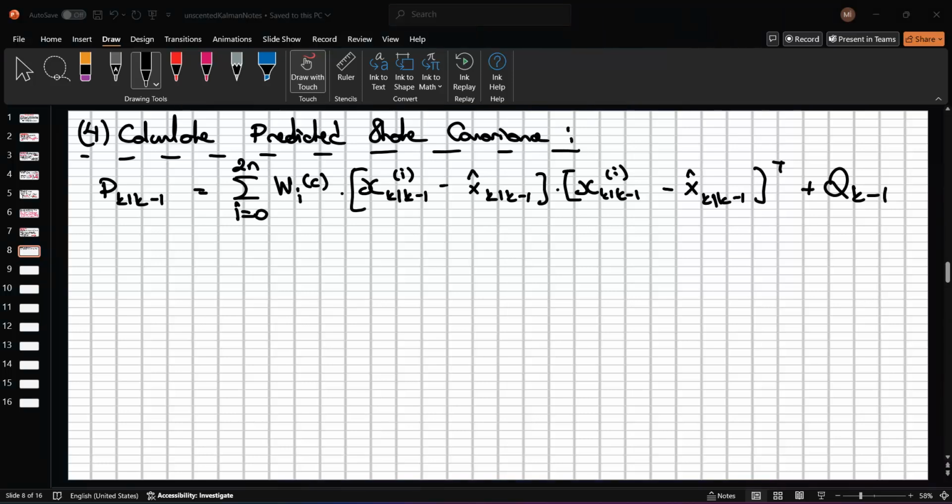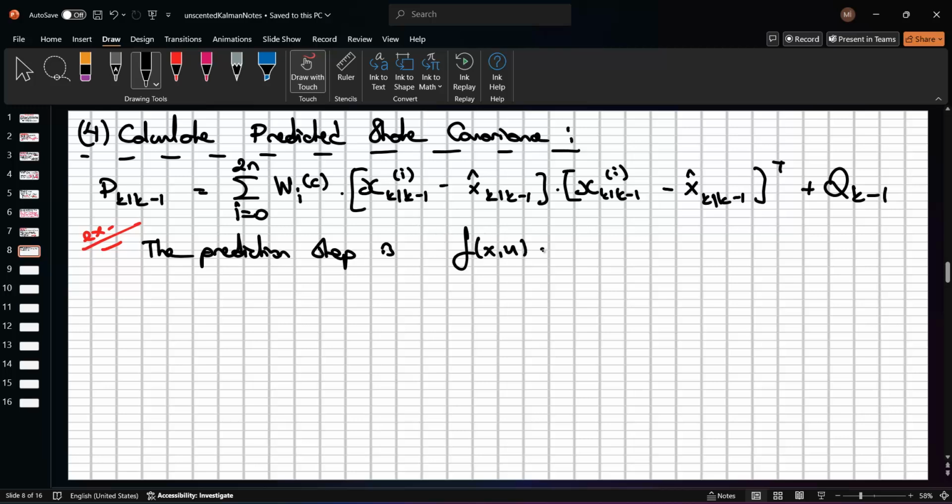So for example, how can we build an example in here for the nonlinear system. The prediction step is built with f of x, u equal to x1 plus u1, and x2 squared, which is nonlinear, plus u2.